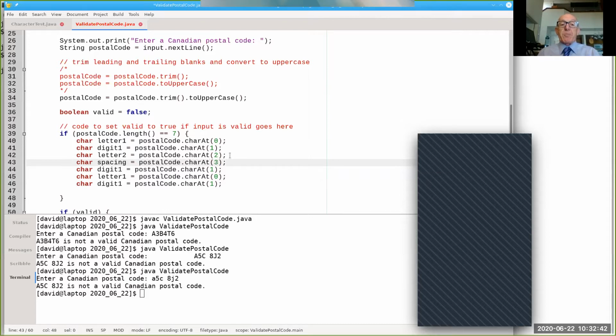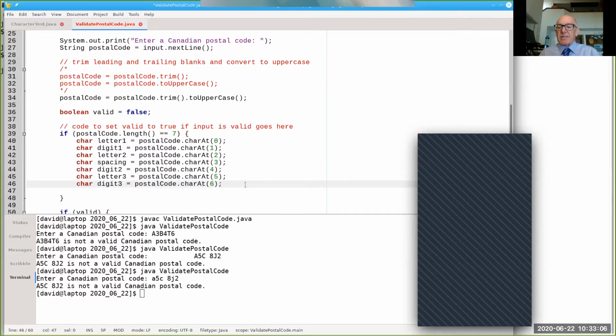We have the space in between the first 3 and the last 3. Then I have digit 2 is going to be at position 4. Letter 3 will be at position 5, and digit 3 had better be at position 6.